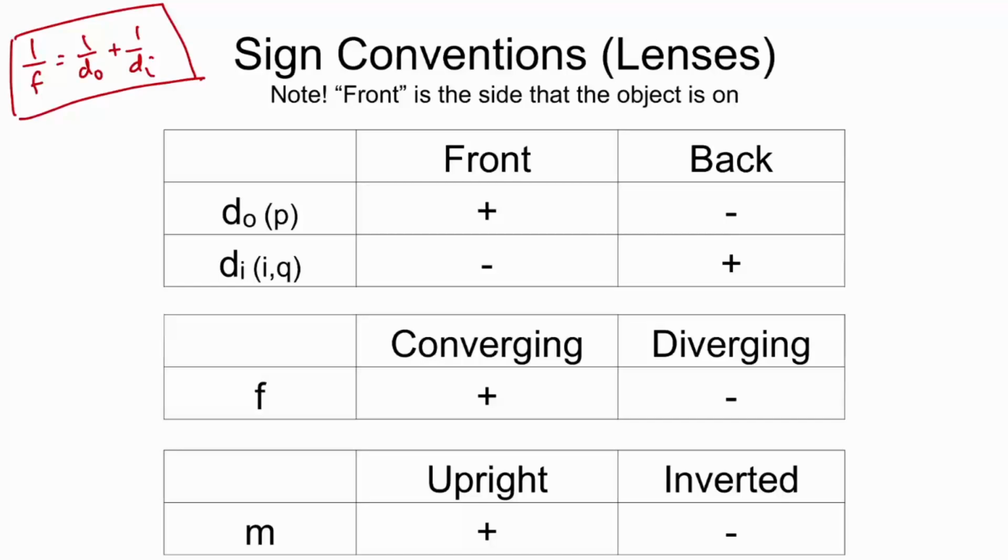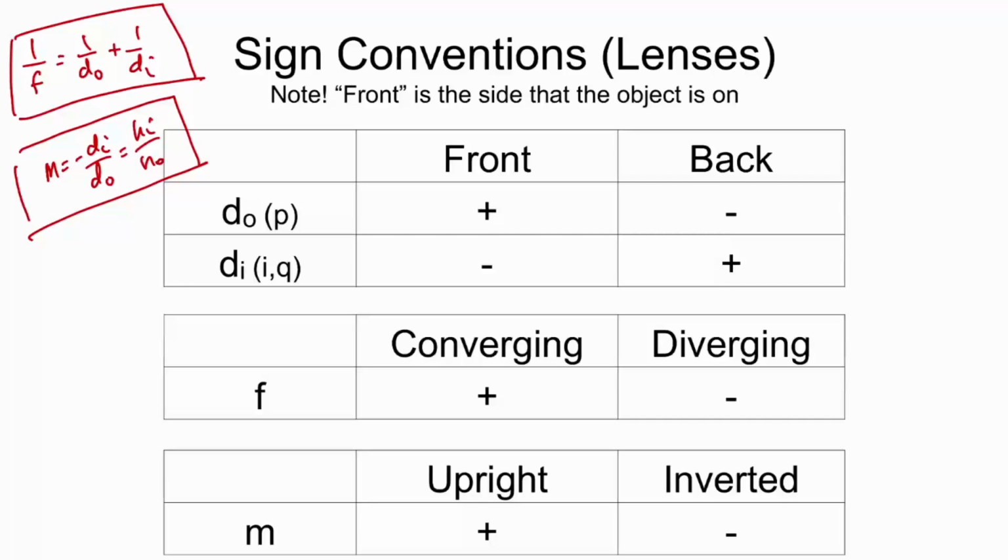So this is where the slippery slope is. Same equations. In fact, the magnification equation is the same. We don't use center or radius of curvature very much in lenses, but you have the same equations for mirrors and lenses, but a different set of sign conventions.